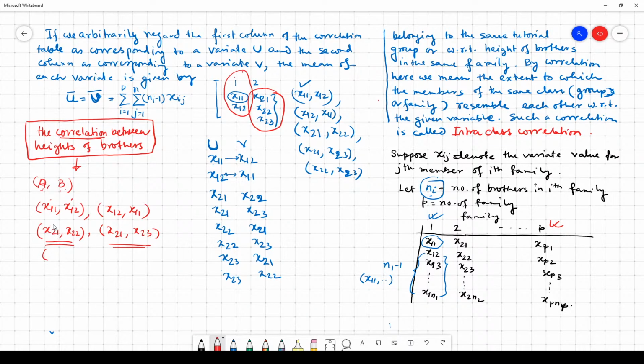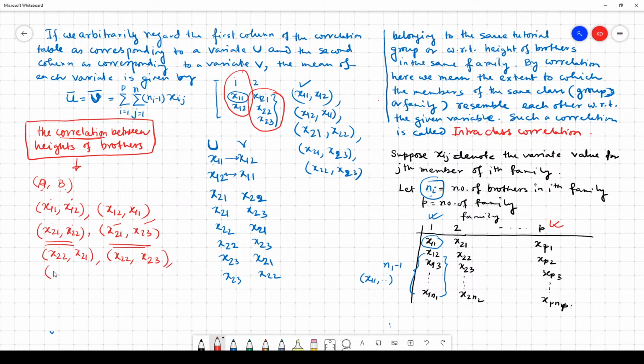That means brother 1 pairs with brother 2, brother 1 pairs with brother 3, then brother 2 pairs with brother 1 in family 2, brother 2 pairs with brother 3.